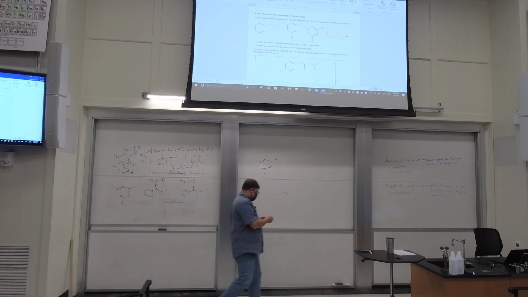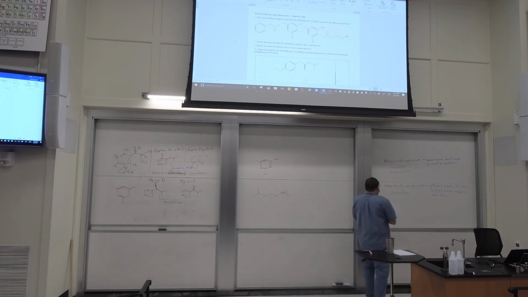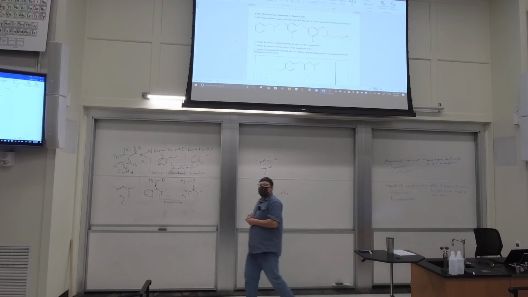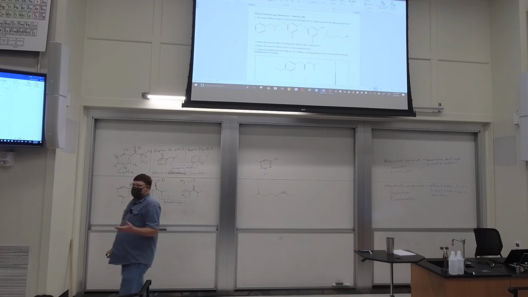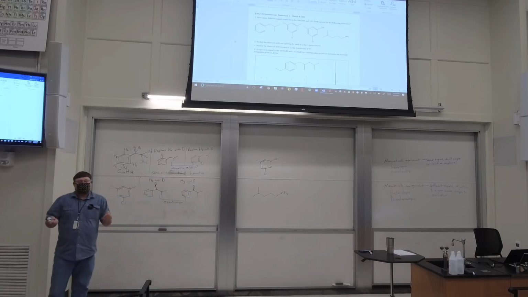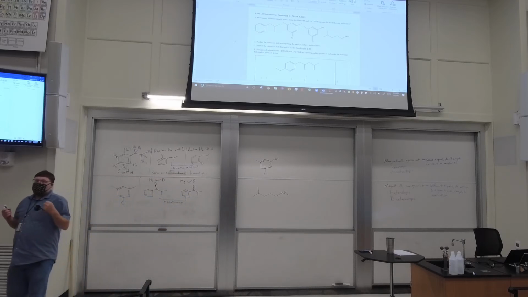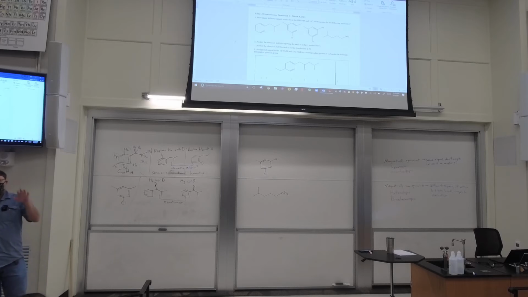I don't have an example here. Diastereotopic atoms are magnetically non-equivalent. All right? Diastereomers can have different energies. Again, think back to exam 1. If I've got a cyclohexane with all the substituents equatorial, a diastereomer may have 2 equatorial and 1 axial.